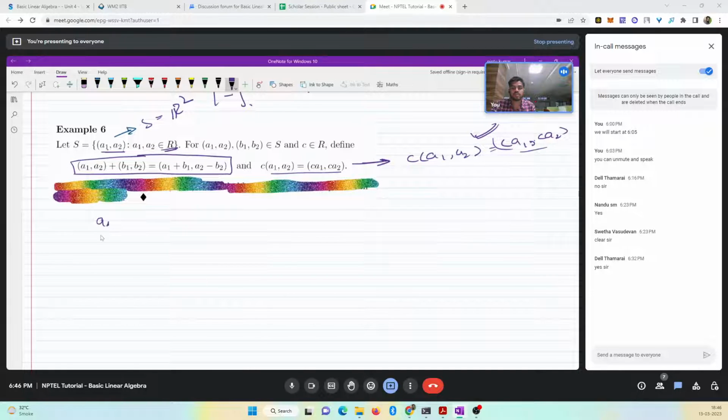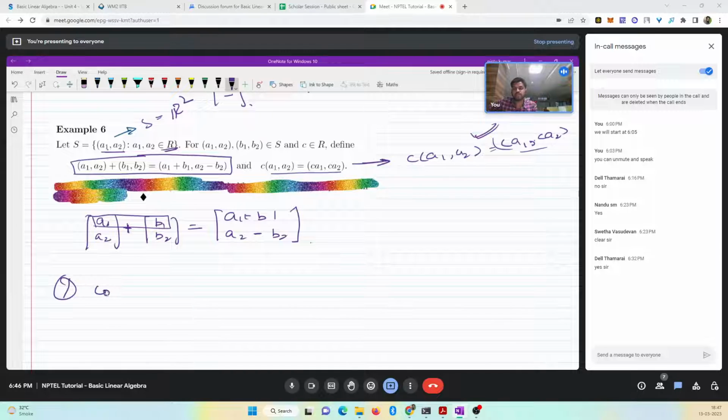What they are saying is that A1 A2 plus B1 B2 is equal to A1 plus B1, so they are adding the first elements, and at the second position it is A2 minus B2.